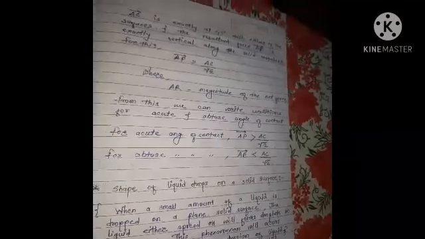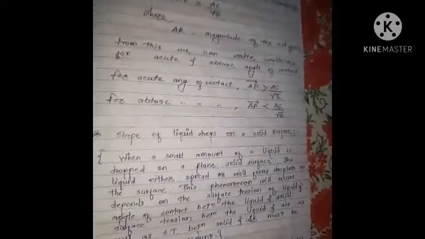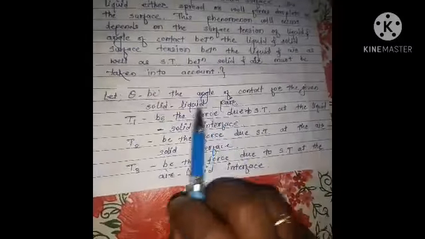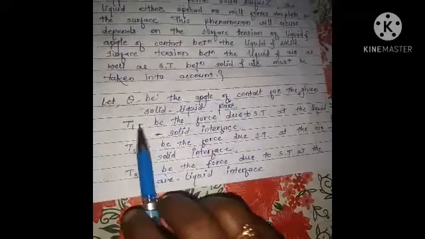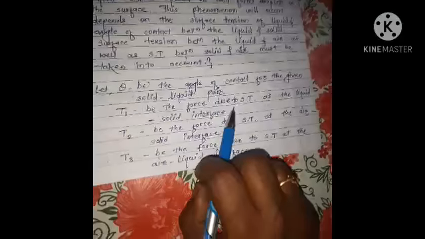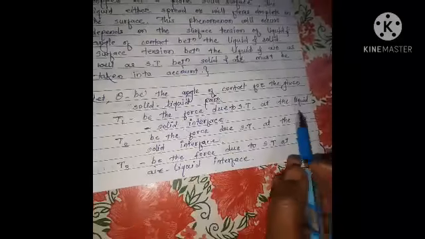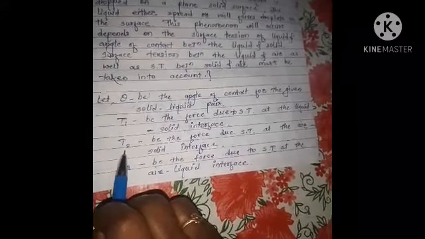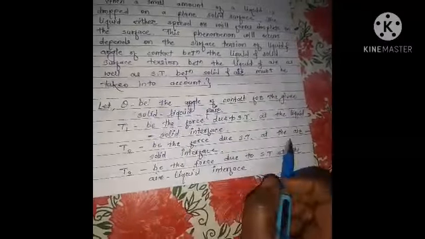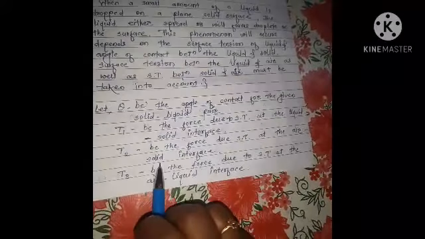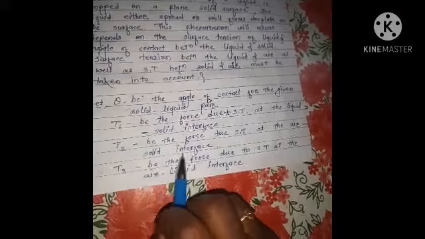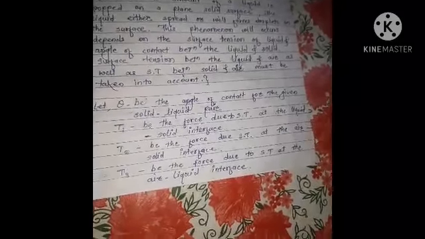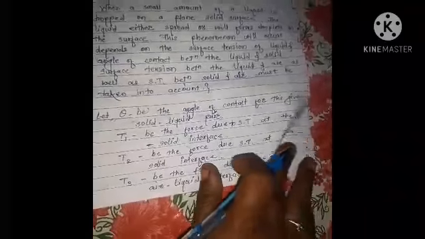To explain these shapes of liquid drops, consider theta to be the angle of contact between the solid-liquid pair, and T1 be the force due to surface tension at the liquid-solid interface. Similarly, T2 be the force due to surface tension at the air-solid interface, and T3 be the force due to surface tension at the air-liquid interface.